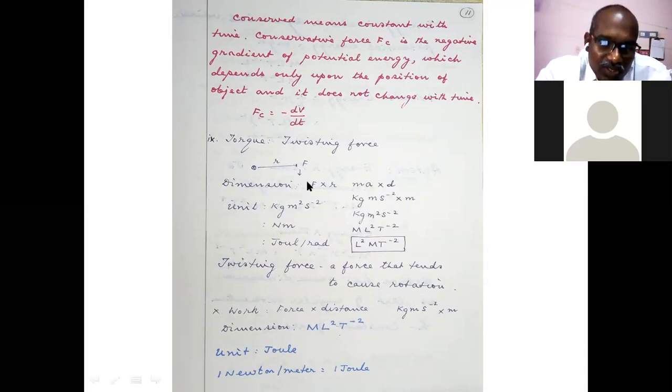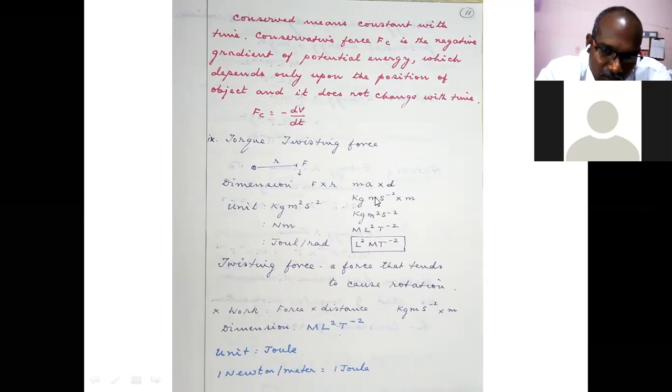What is force? Force is mass times acceleration. This acceleration into distance, therefore it becomes kilogram meter per second square. Kilogram meter, what is acceleration?